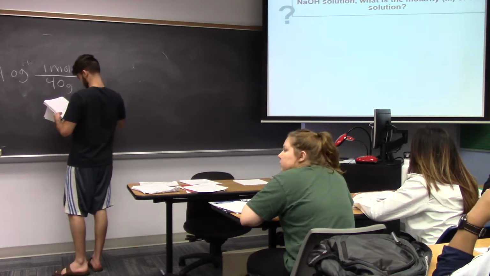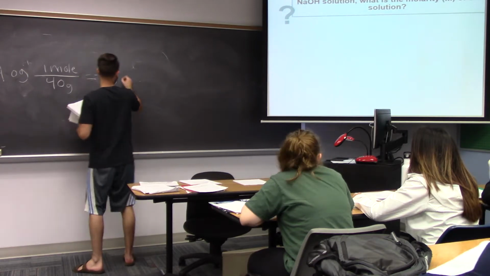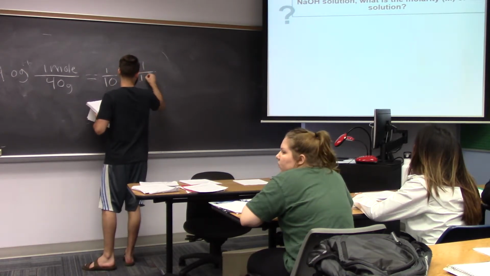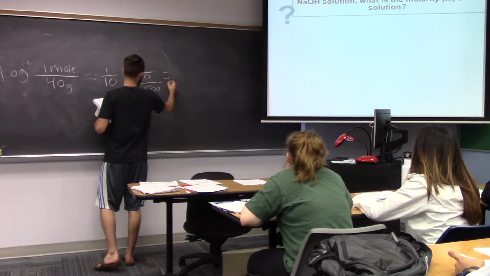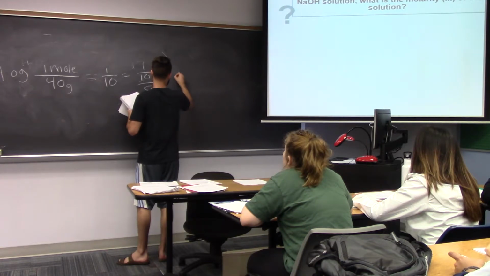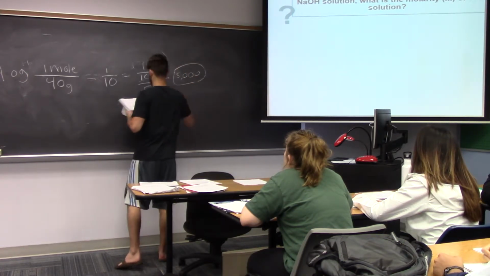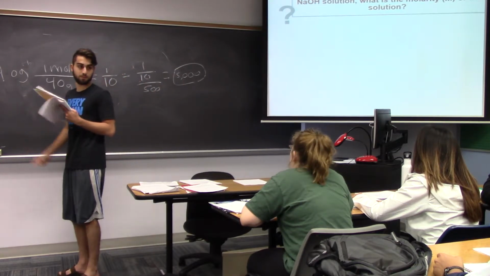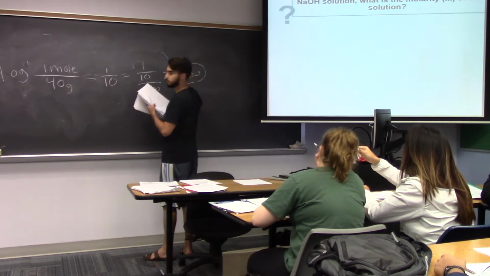It is 500 milliliters. Oh wait, I see the point there. Is that a final or a period? That's a period. That's not 5,000. You have to get 1 over that.